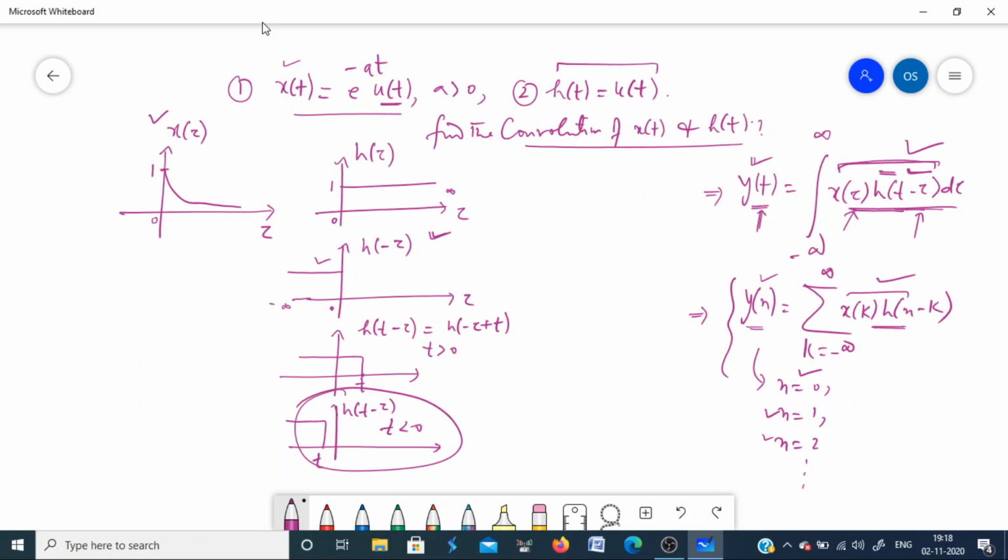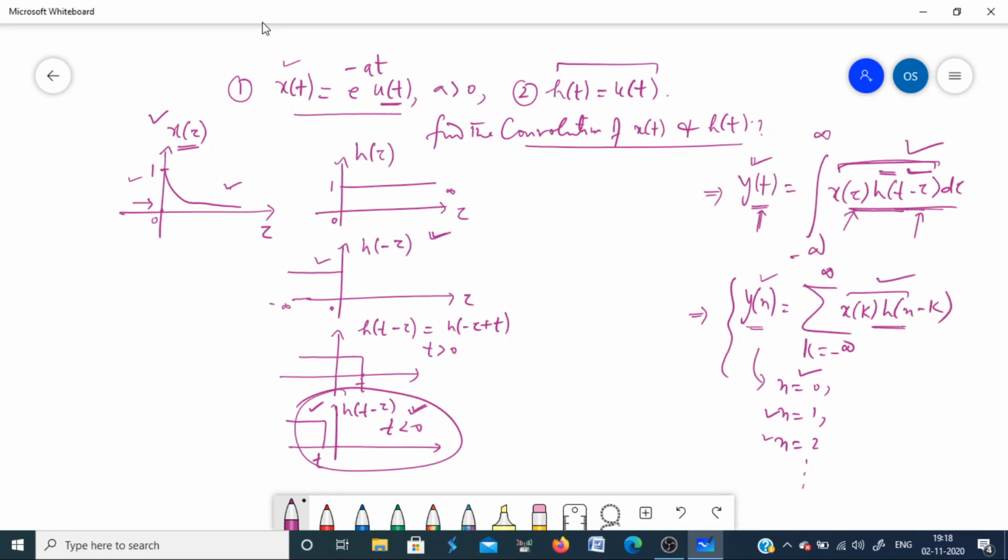in this case, if you multiply these two signals, this and this, you will see that the product is 0. Okay, because this signal x of tau is non-zero for tau greater than 0, and for tau greater than 0, this signal h of t minus tau is 0, and for t less than 0, this function is 0.